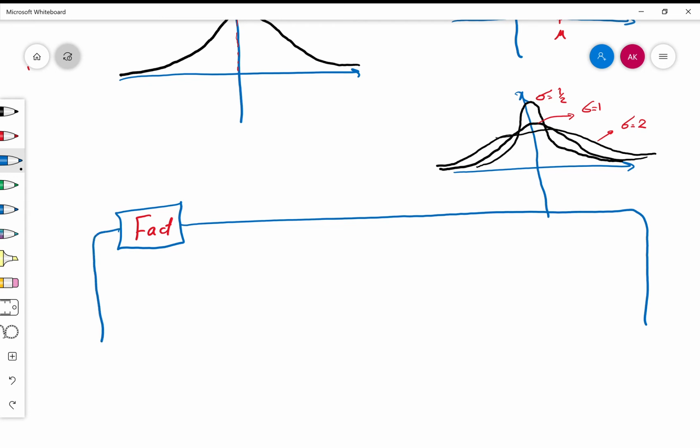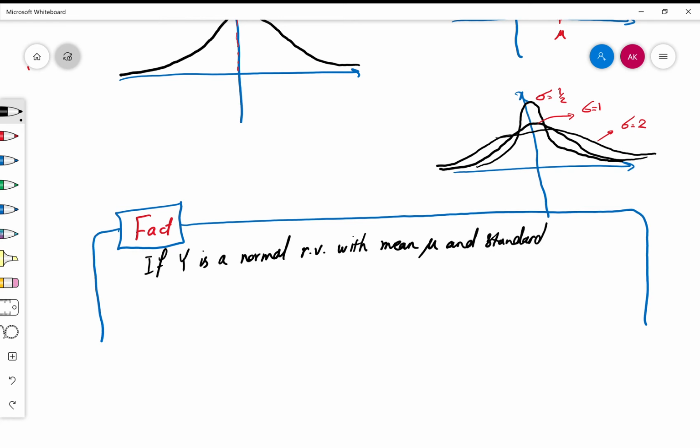It says: if Y is a normal random variable with mean mu and standard deviation sigma, then there is a way to turn Y into the standard normal random variable.